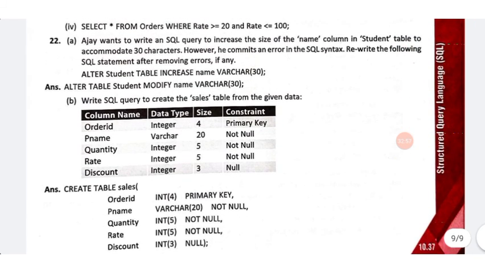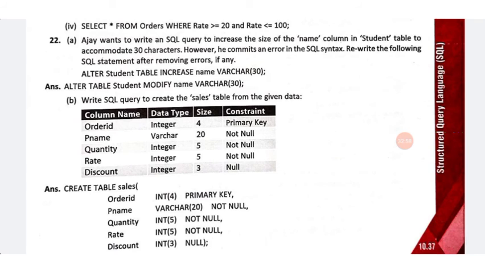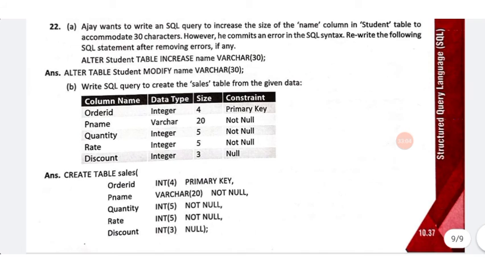Next question, Ajay wants to write an SQL query to increase the size of the name column in the student table to accommodate 30 characters. However, he commits an error in the SQL syntax. Rewrite the following. So Ajay created an SQL table, and now he wants to update the column size.